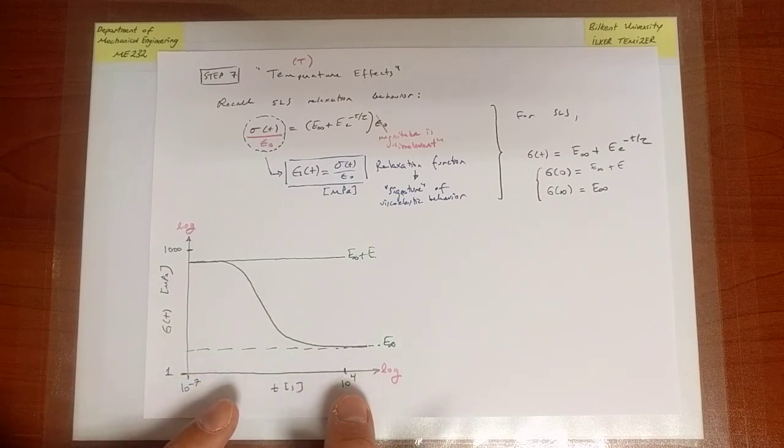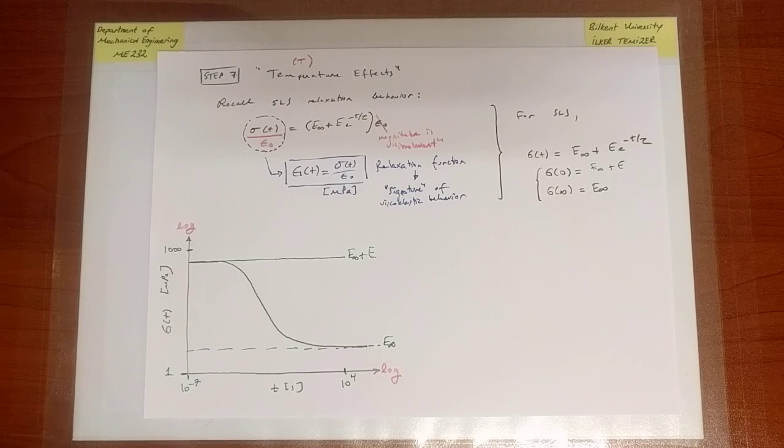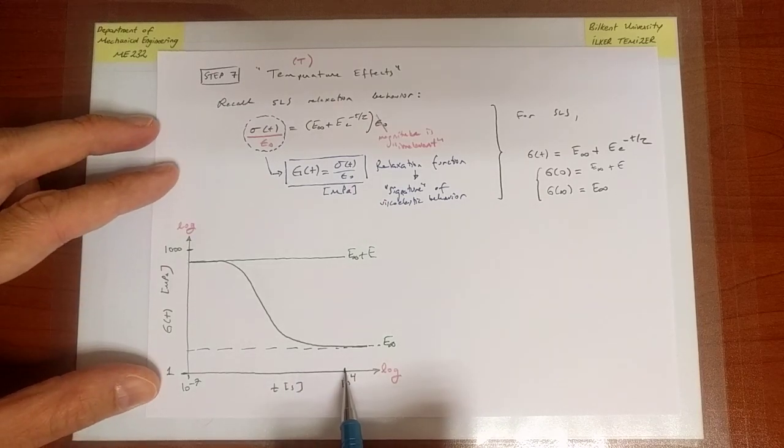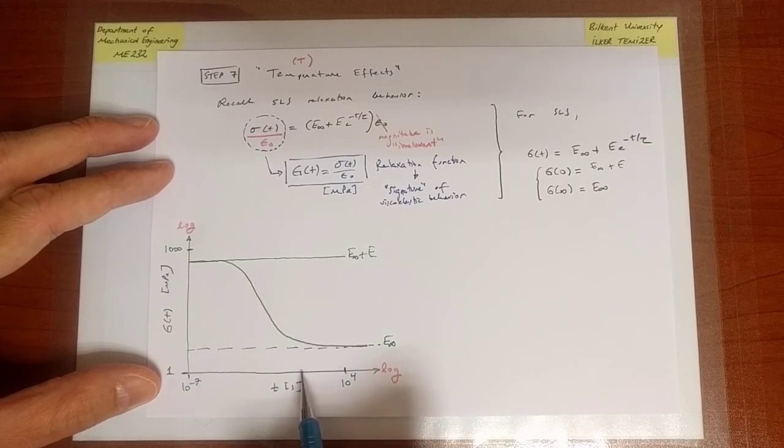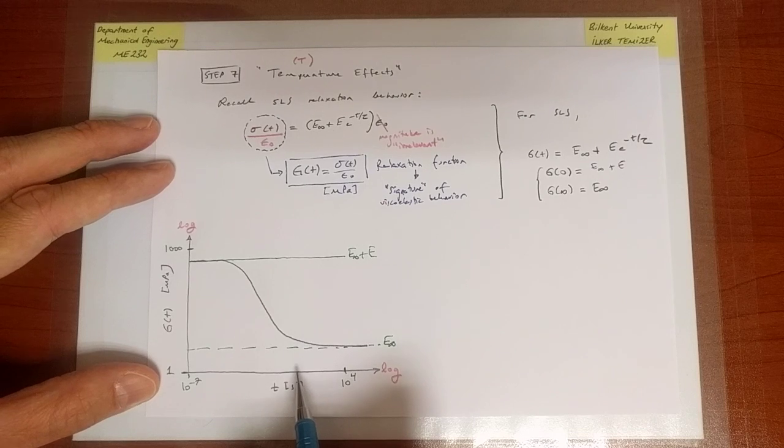We might be interested in an application where the time variations, let's say the period of a motion, is of the order of minutes. Then hours is not of interest to me. I'm in that region. We might be interested in an application where we have an extremely high frequency loading, with a period that is much less than a second.